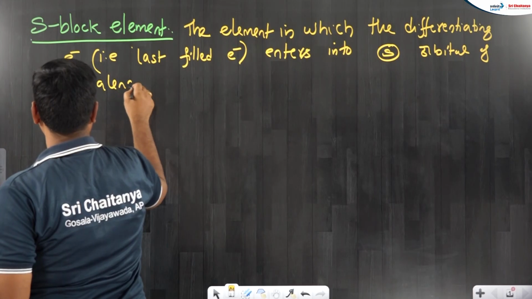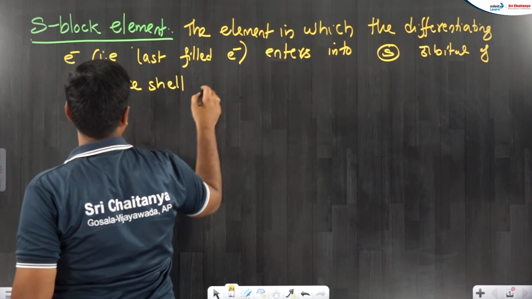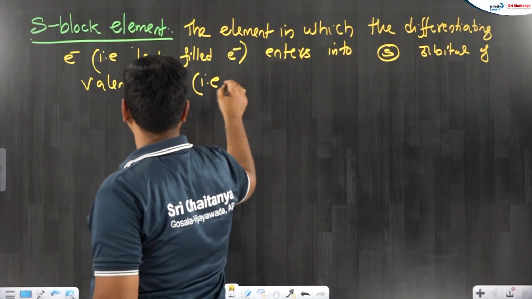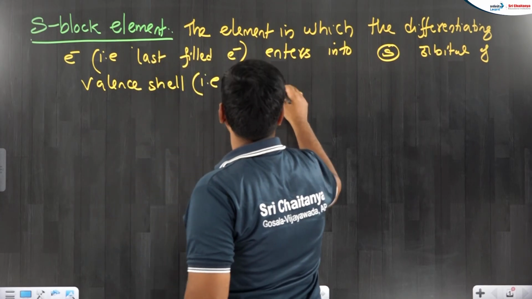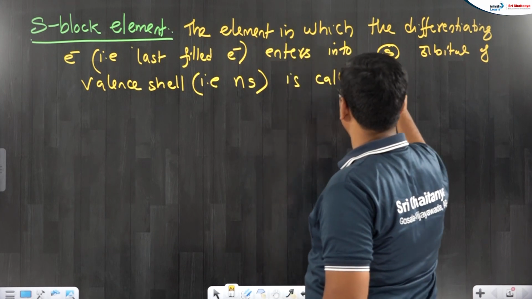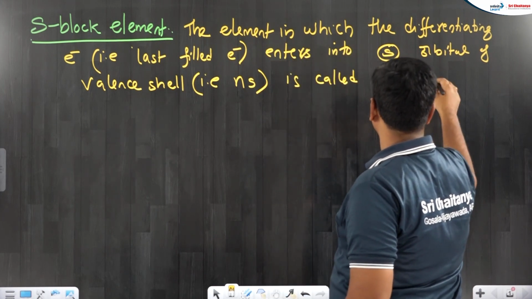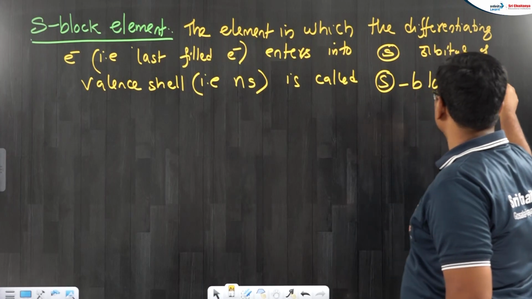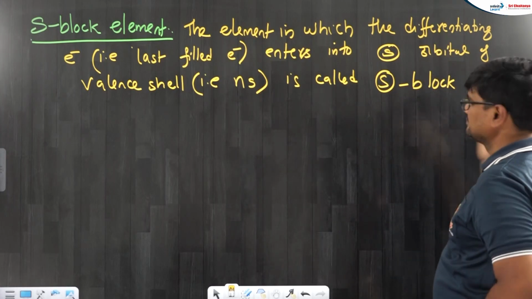The elements in which the last filled electron enters into the s orbital of valence shell, that is the ns orbital, are called S block elements.